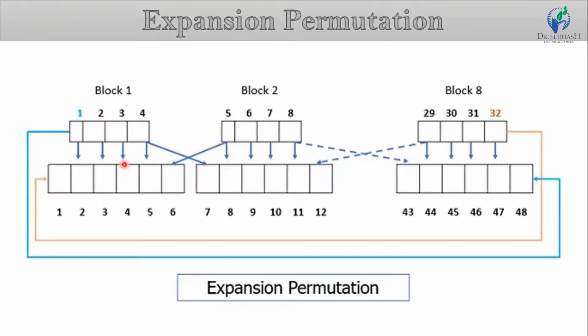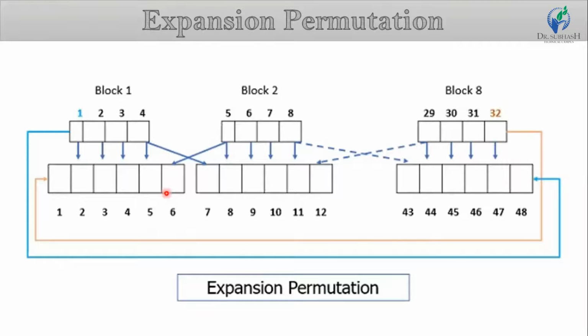Once again, I will repeat this process. In expansion, the 32-bit RPT is divided into 8 blocks, where each block is of 4 bits. Each block of 4 bits is expanded to a block of 6 bits.